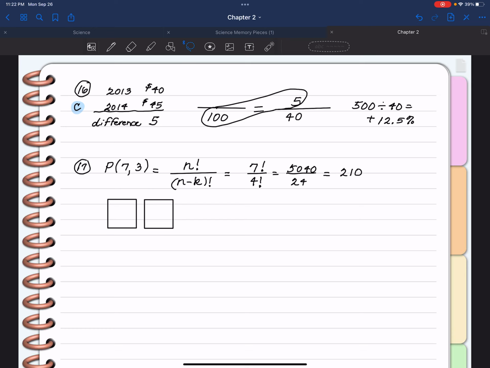Remember, the permutation and combination formulas are very similar, but they are different. Combinations remove redundancies. Permutations do not remove redundancies.